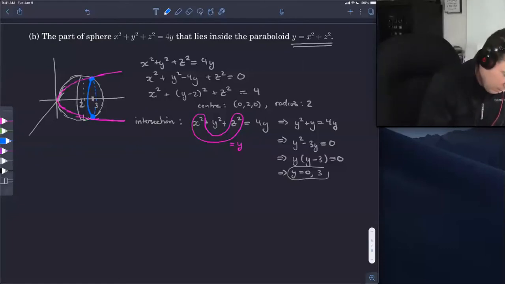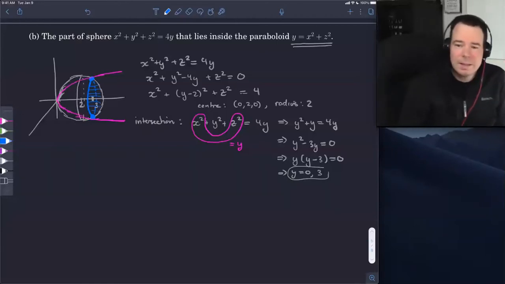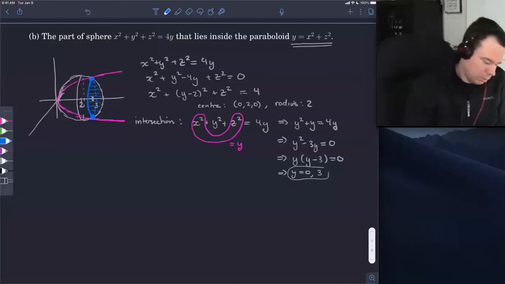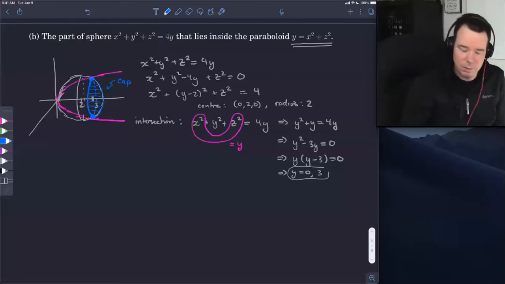And it's this circle together with all of this stuff on the sphere. So that cap of the sphere, that right-hand cap of the sphere, is what we're interested in. This is what we're interested in the surface area of, is this cap.